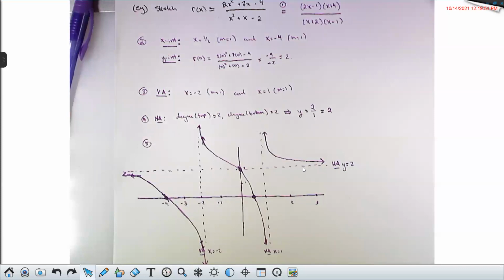Not next Thursday, because I think we're going to spend an extra day on the rational function stuff, but the Tuesday after. So between now and the test, there's going to be 2 more homeworks, right? There's going to be a part 2 to homework 3.6, and then there's going to be homework 3.7. And there's going to be another quiz. So between now and the test, you're going to have 2 more homeworks and a quiz, in addition to the stuff that's already there. I'd like everybody to be caught up by next Tuesday.